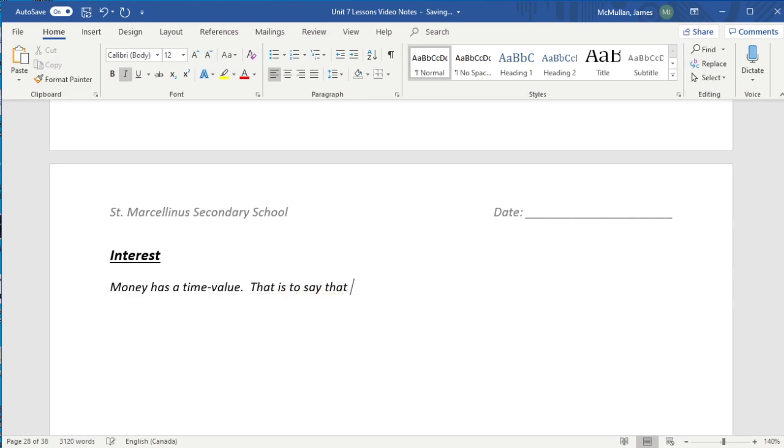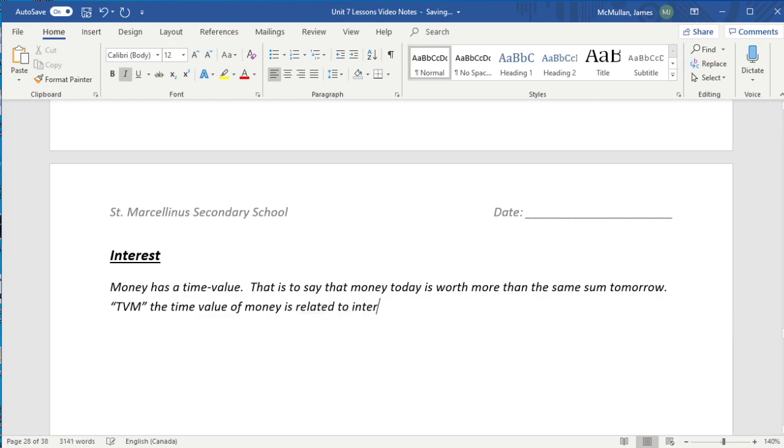That is to say that money today is worth more than the same sum tomorrow, right? So $100 today or $100 tomorrow are not actually the same amount of money. This is where the concept of TVM, the time value of money, is related to interest and how money compounds over time.